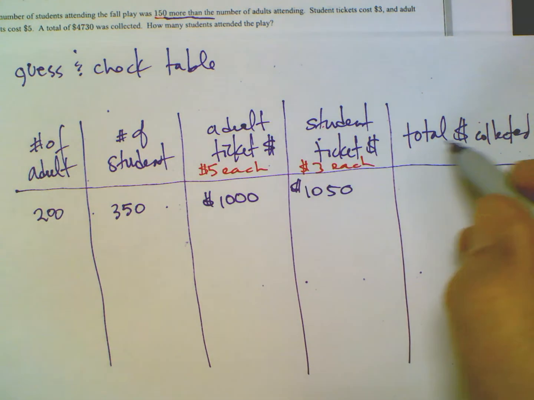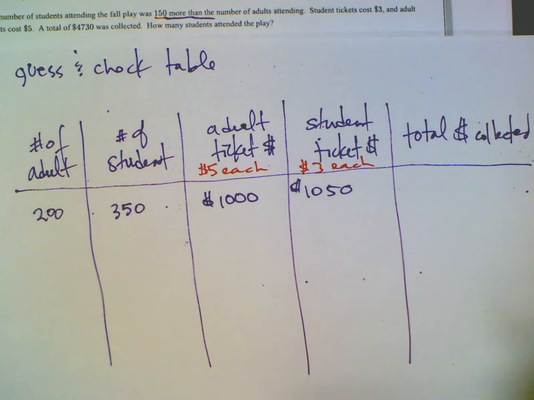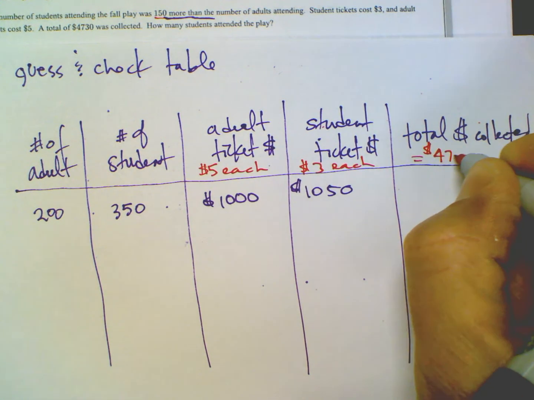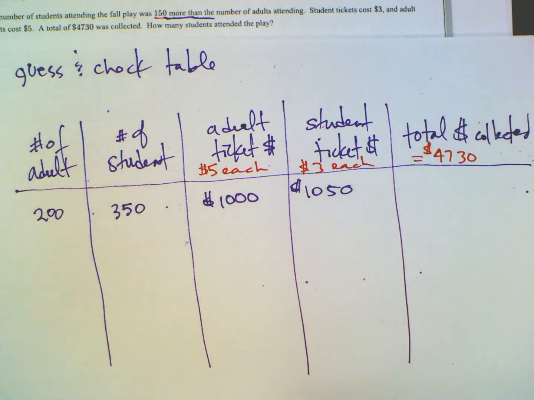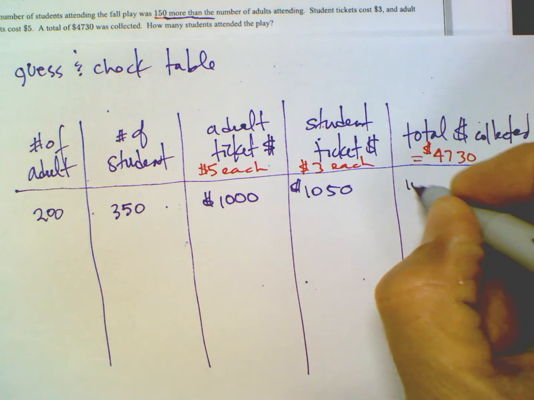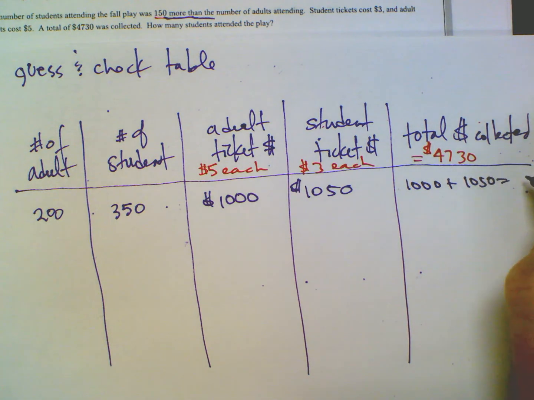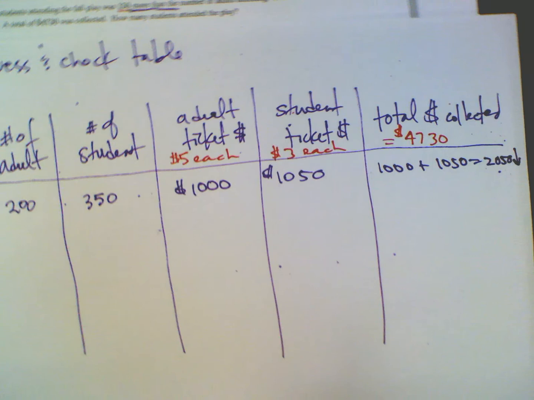The total money collected we know was $4,730. If I add those two up, that does not equal 4,000. It equals 2,050. So that's way too low.